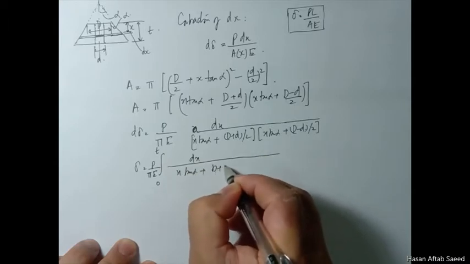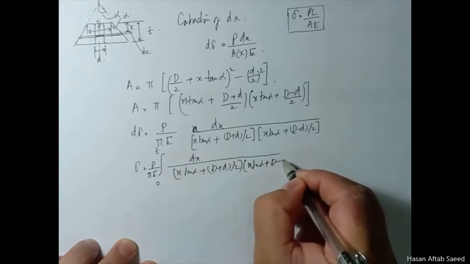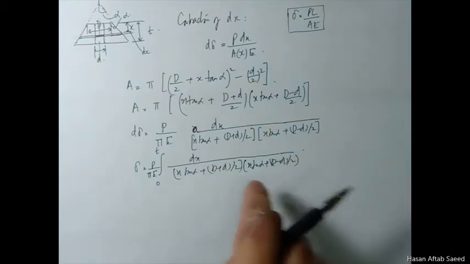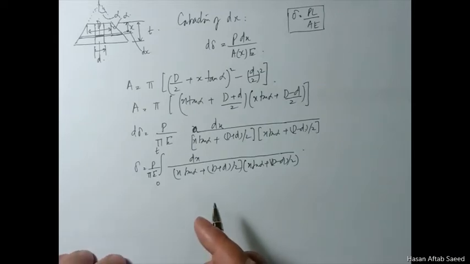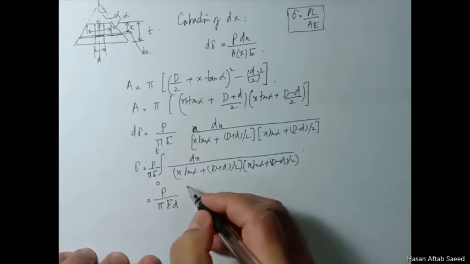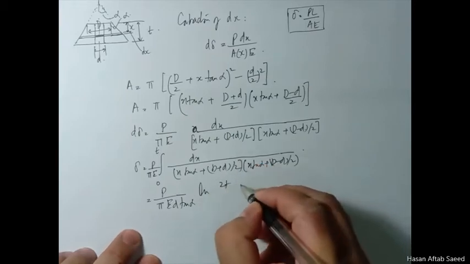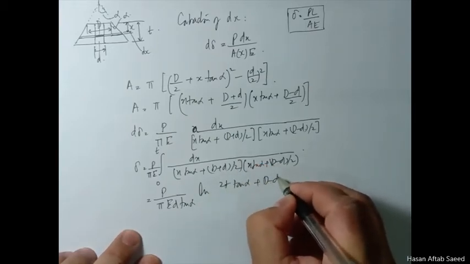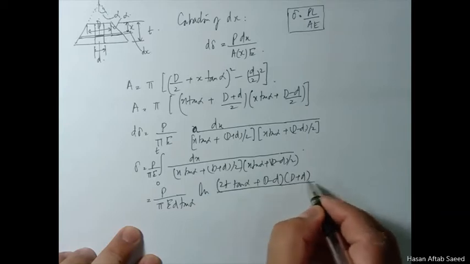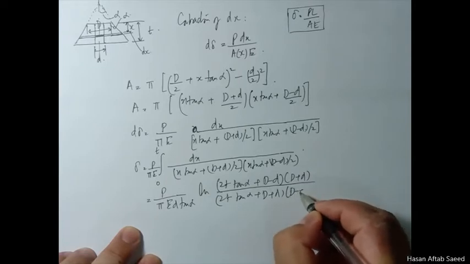Now it can be shown that this integrates to something like this: pi E d tan alpha log of (2t tan alpha plus d minus d over 2t tan alpha plus d plus d).